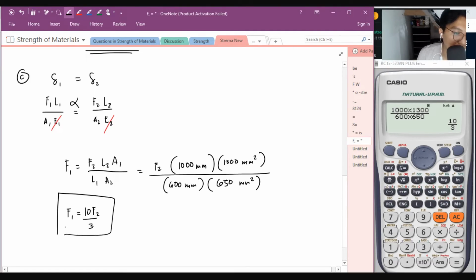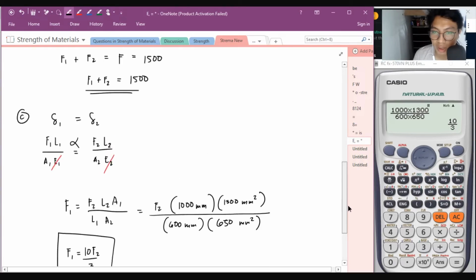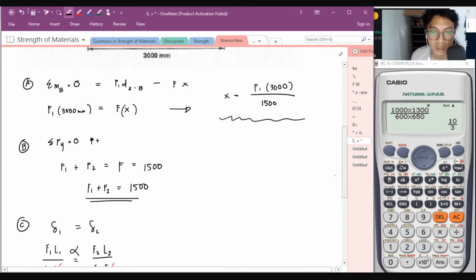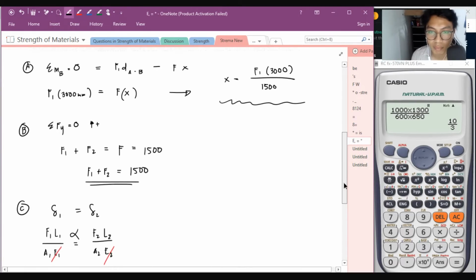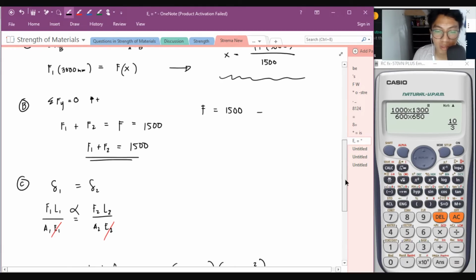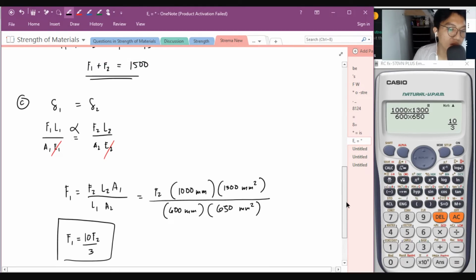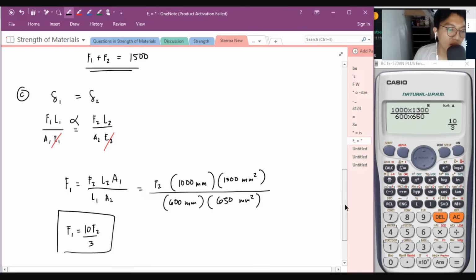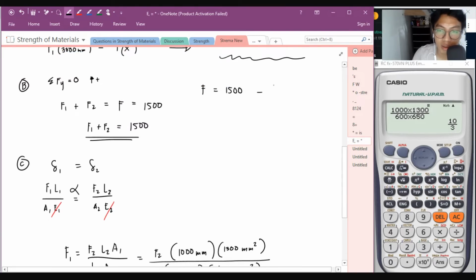Yan yun. So, pwede ko na siyang i-substitute dito, kahit saan dyan. Dito muna, F1 plus F2, pwede ko siya i-substitute. So, F1 is equal to 1,500 minus F2. Yung F2 ko is 3 over 10 ng F1.